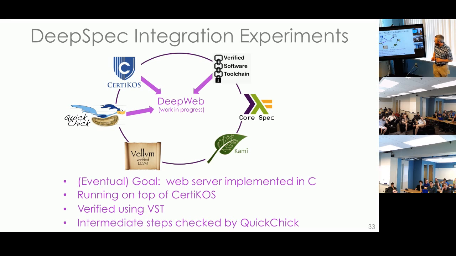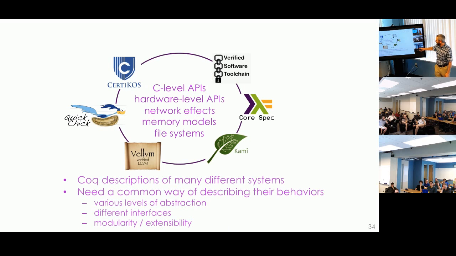If you look at the other DeepSpec projects, they also have similar kinds of structures. And the thing that connects them is that they're differing systems, but they have a common way of abstracting the behavior.